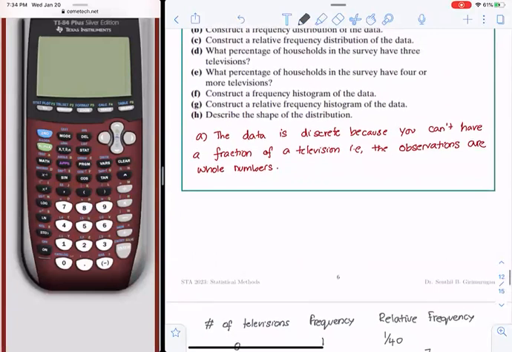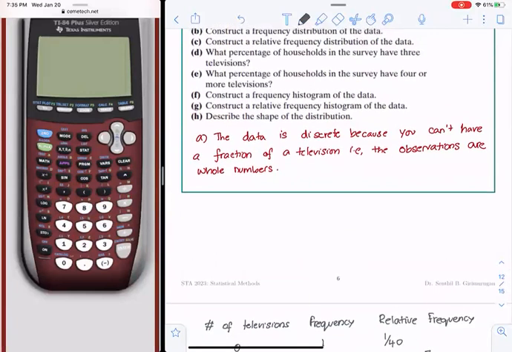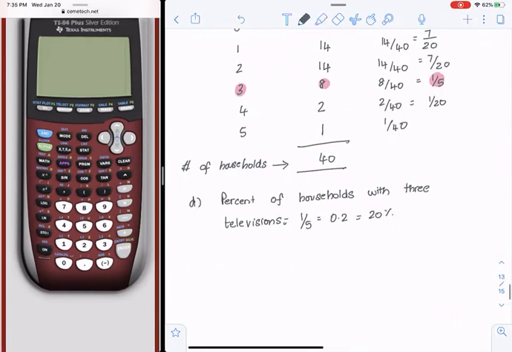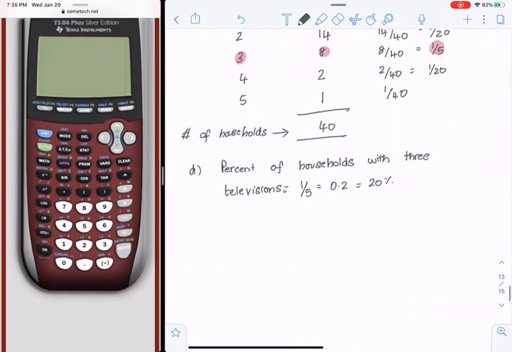Part E would like to know the percent of households in the survey that would have 4 or more televisions. So 4 or more is the same as saying at least 4. So we just have to add the number of households that reported to have 4 or more televisions.